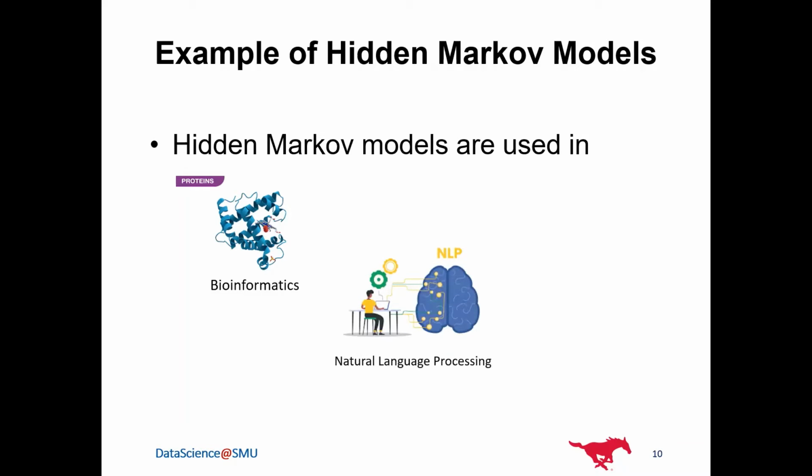You can also use it for NLP, for speech recognition, speech synthesis, part of speech tagging or POS, and document separation. And finally, you can use it for other fields such as computational finance to try to see links between a cause and effect.